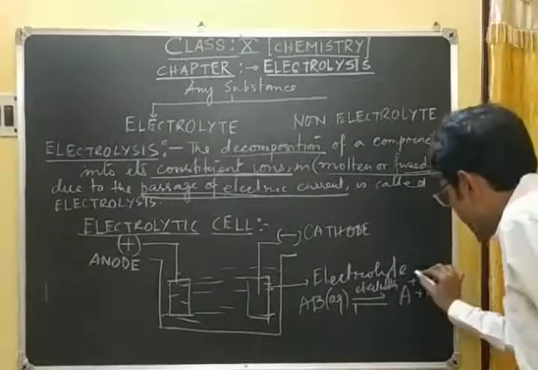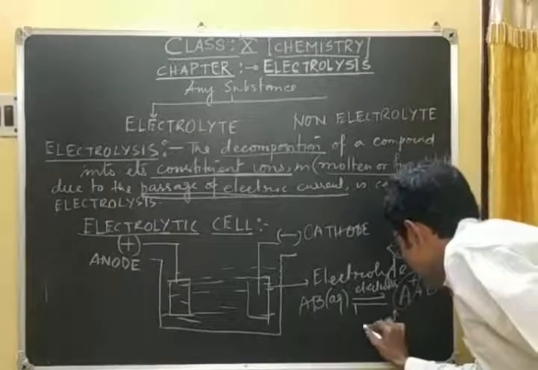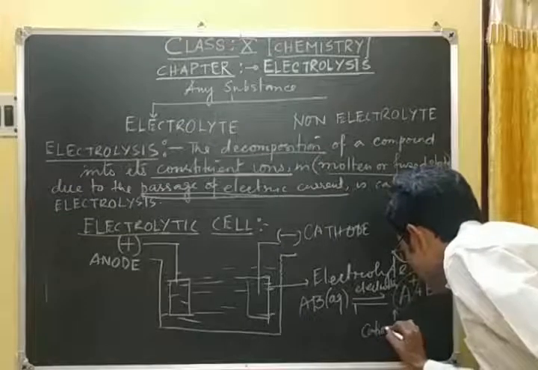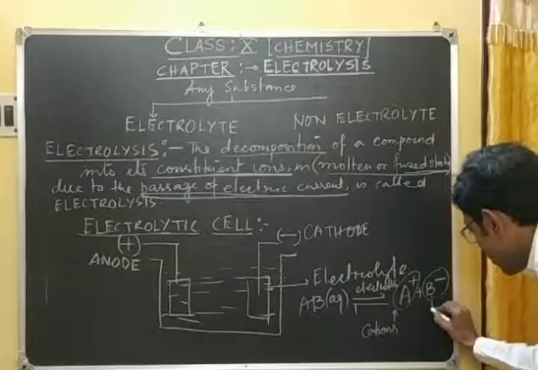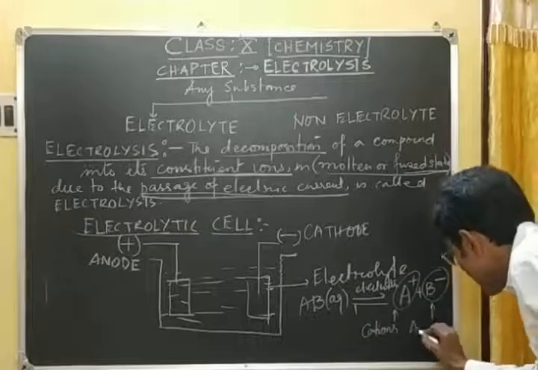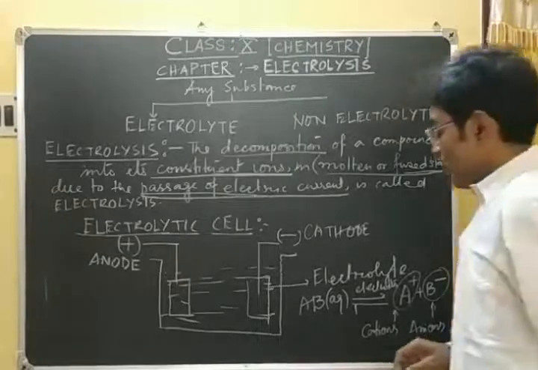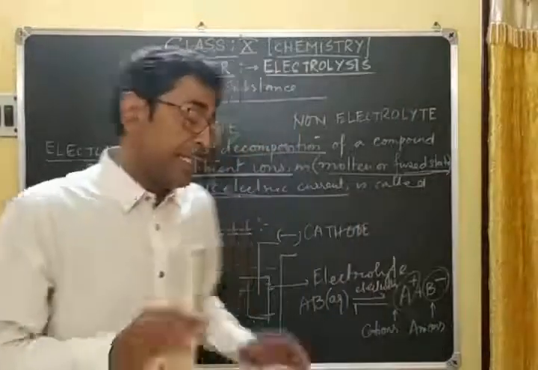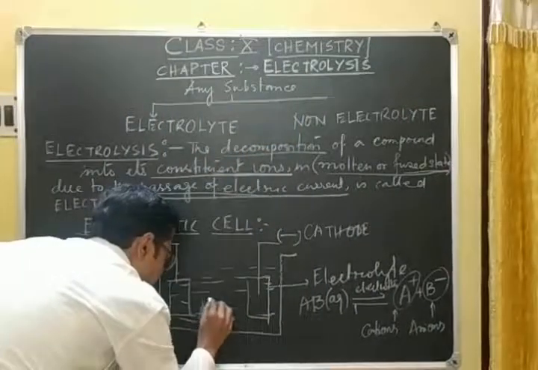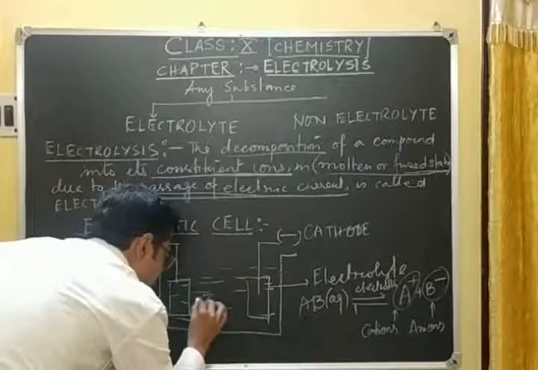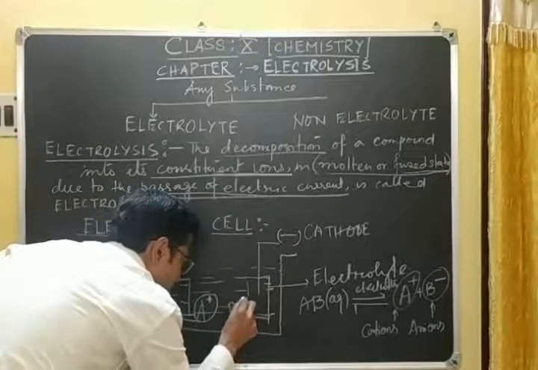This A plus, the positive ion, is called a cation. Remember, these are cations. And the negative ion which is formed is called an anion. These are called anions. Remember, in an electrolyte, in the process of electrolysis, I am assuming here A plus resides here. This is A plus and this is B minus.